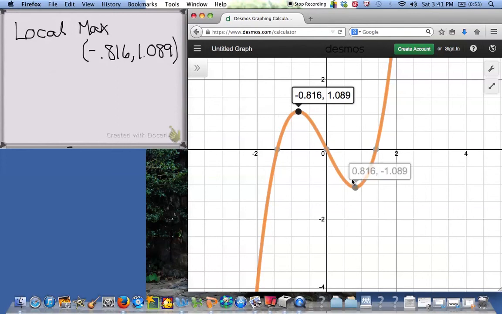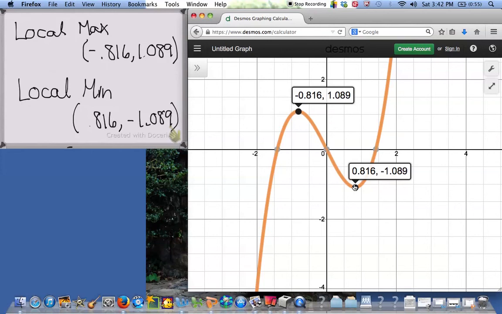Okay, and then we also have a local minimum down here, which is 0.816, comma negative 1.089. So those are your two points. They're coordinates on the graph. It's pretty easy when they're labeled and we're just looking at it graphically. In the next couple days, we'll start to go into the calculator and actually find out how they figure out what this exact point is.